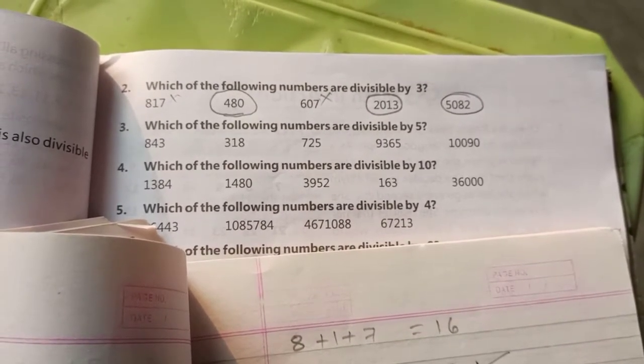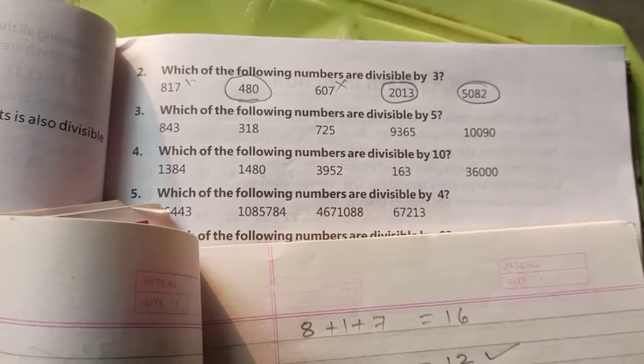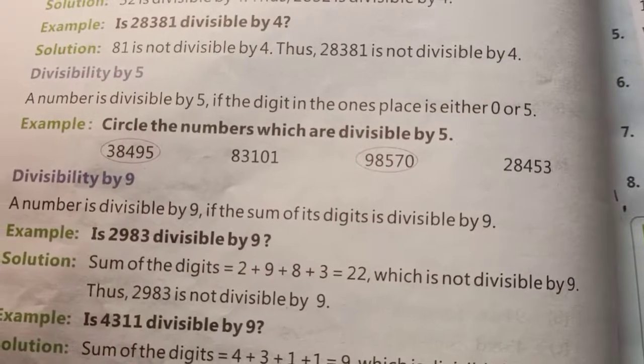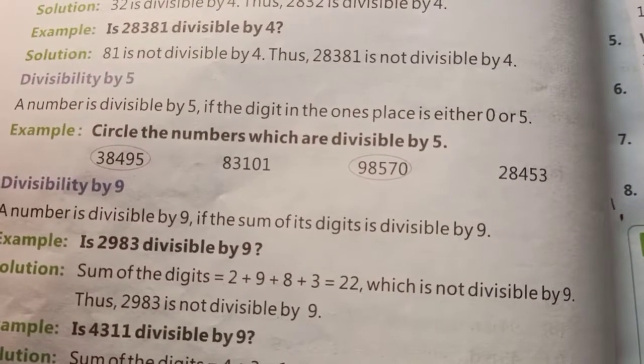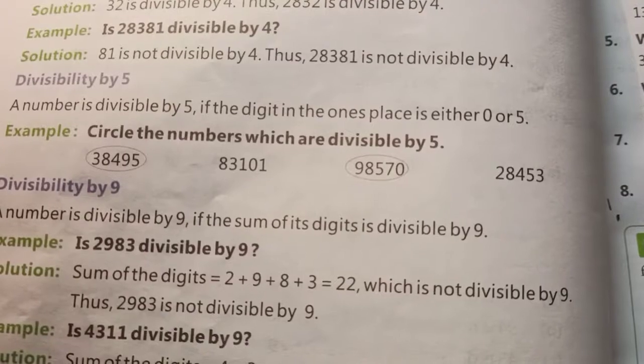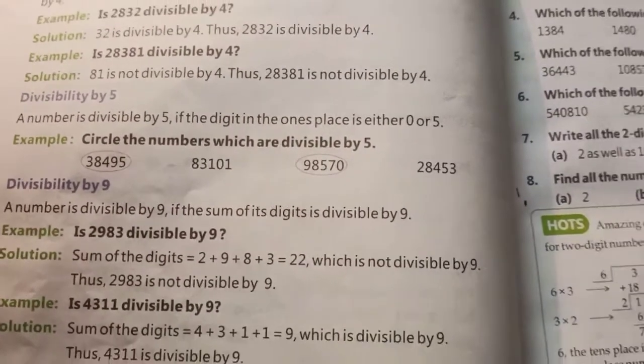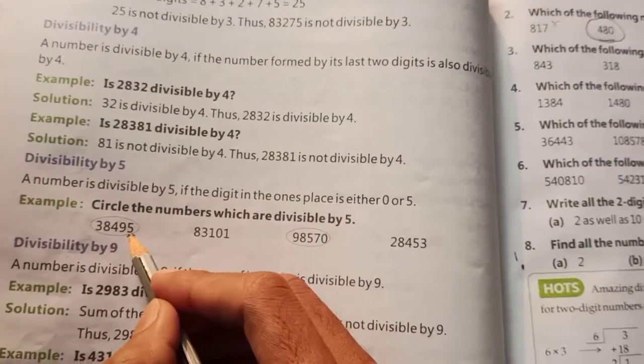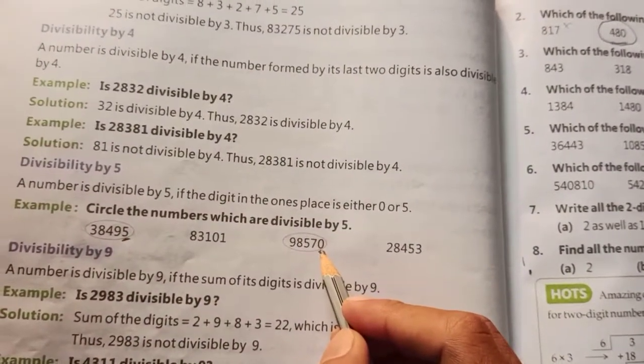So the rule for divisibility of 5 is, a number is divisible by 5 if the digit in the ones place is either 0 or 5. For divisibility by 5, we have to check whether it is 5 or 0.